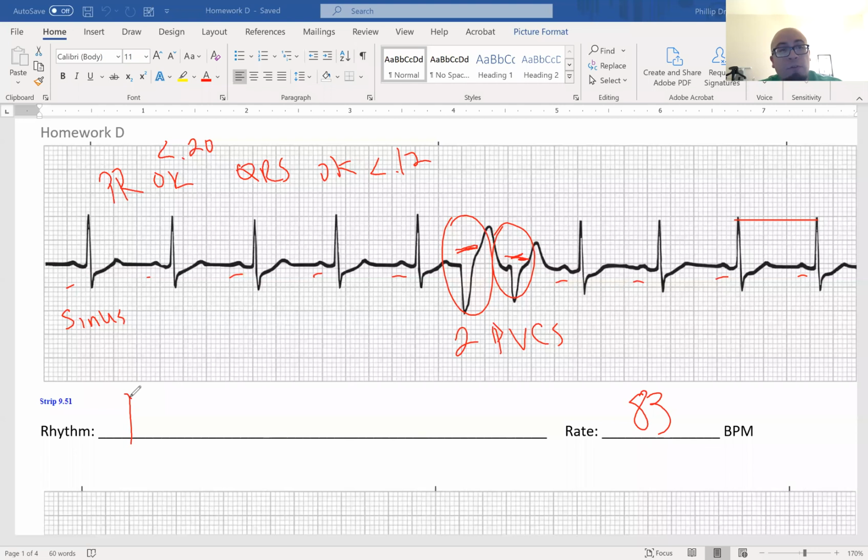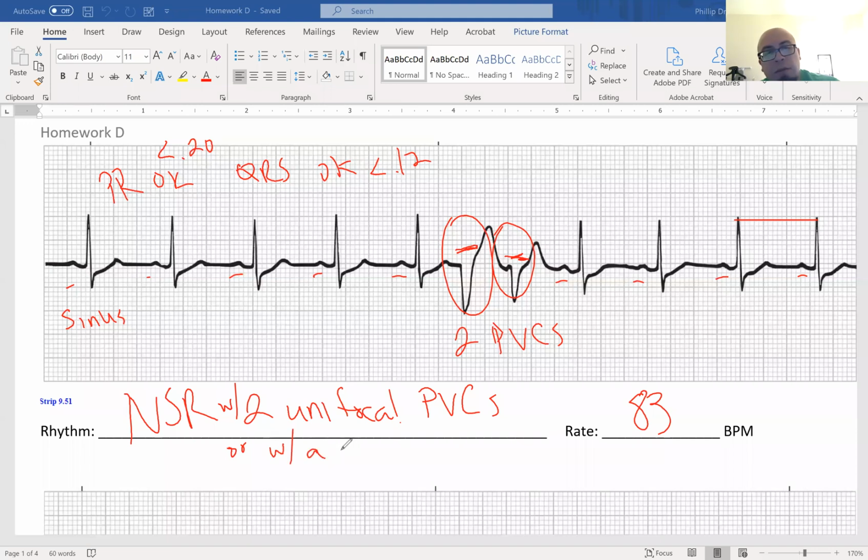So that means we have normal sinus rhythm, 83 beats per minute, whatever it is, calculate it, with 2 unifocal PVCs, or with a unifocal couplet. And remember, a couplet means two back-to-back PVCs.